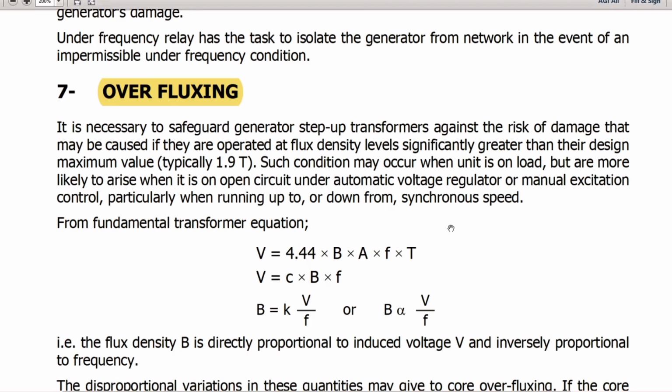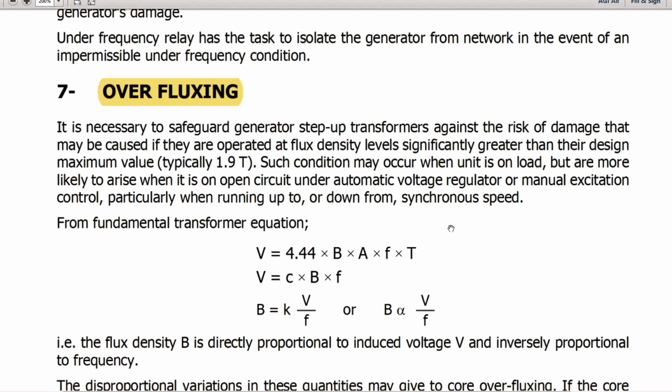But the same happens on the transformer, which is directly connected with the generator. So at that time, the transformer oil will be heated up because inside the transformer there is oil for cooling of the winding. So by the very huge heat produced in the transformer core, its winding as well as the oil in the transformer will reach a very high temperature.